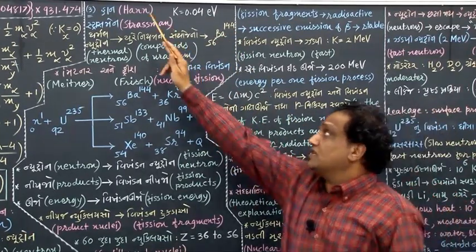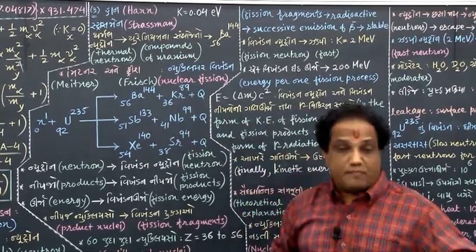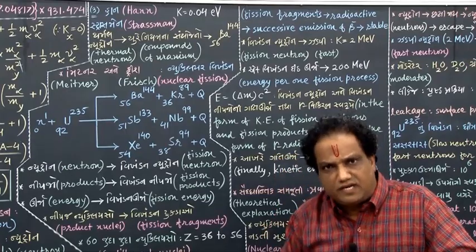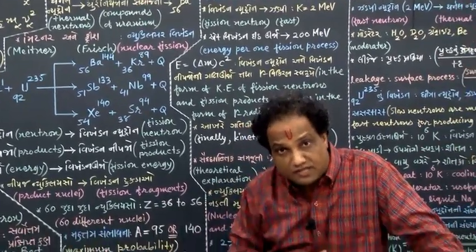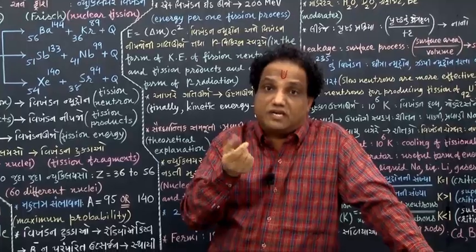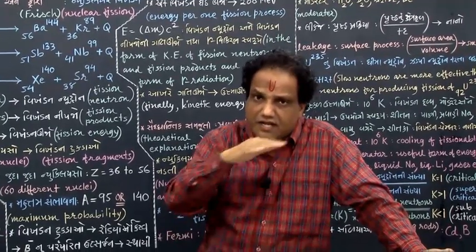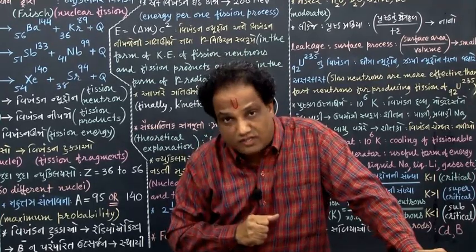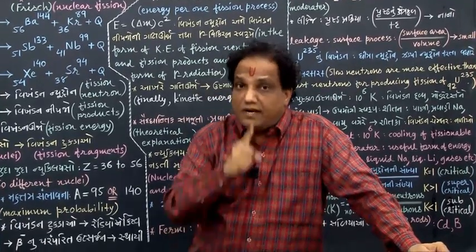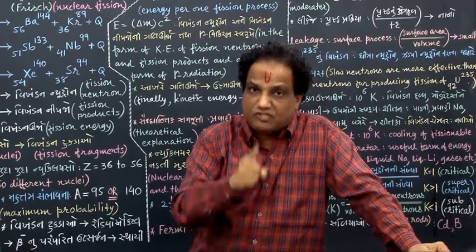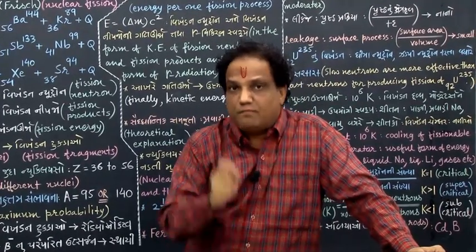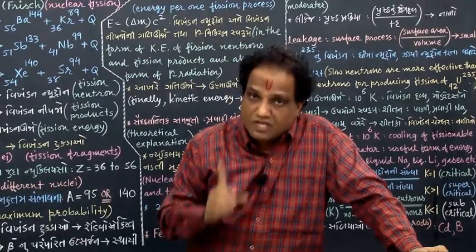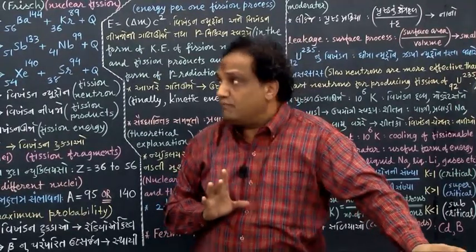These two persons were rather surprised because they could not explain how, out of a very heavy nucleus, we could get such a light nucleus, nearly half the mass. They could not explain this phenomenon and were very much surprised. Later on, the same phenomenon was explained very nicely by one lady physicist and her nephew. The lady physicist's name was Mrs.